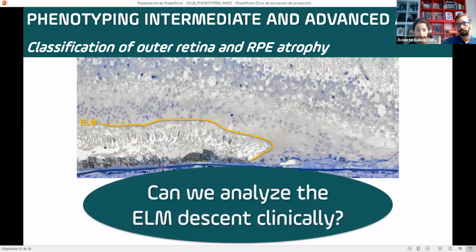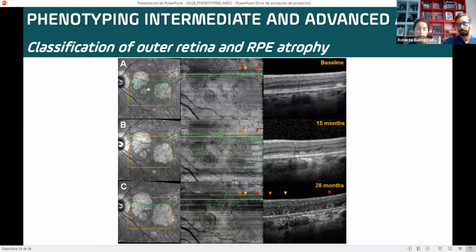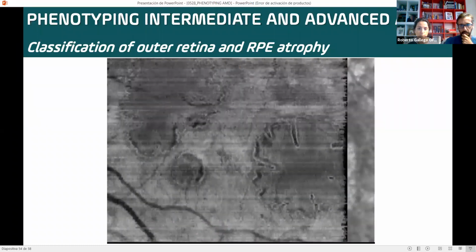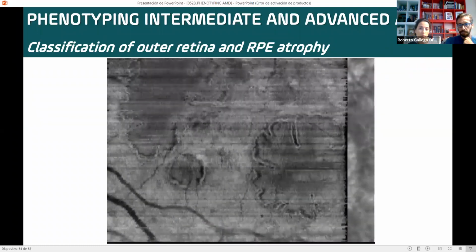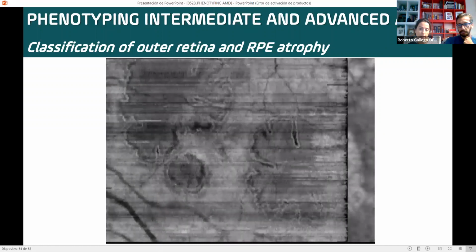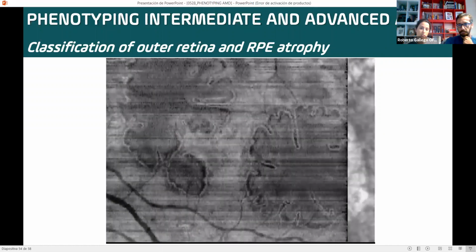And the good thing is that we can see this descent of the ELM on OCT. In fact, if we track, for example, this patient with Stargardt's disease over time, we will see that as she was progressing in the atrophy, we see this descent scrolling and at the end forming this outer retinal tubulation. So what we are seeing in the margin, this hyperreflective margin, is the ELM descent growing.